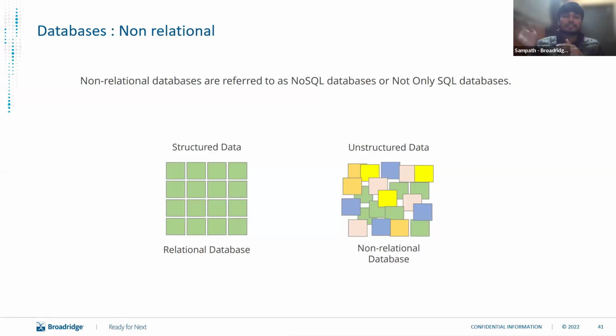Unstructured non-relational databases are mainly used for OLAP, which is analytical purposes, big data. Big data uses unstructured data, which means data would be coming from multiple sources. Let's say we had COVID previously, and there was a lot of data flowing through multiple data sources.